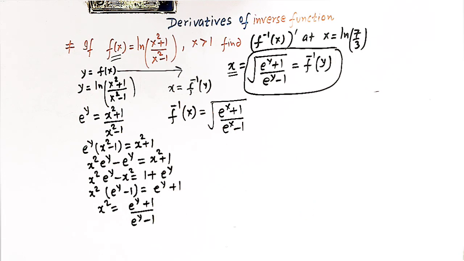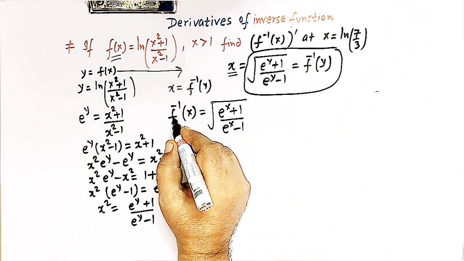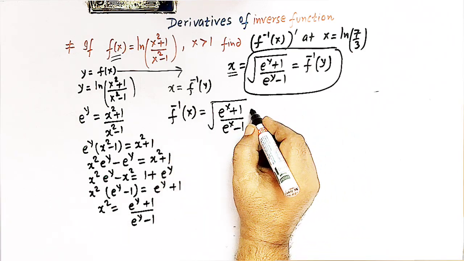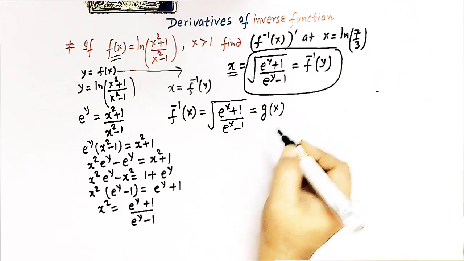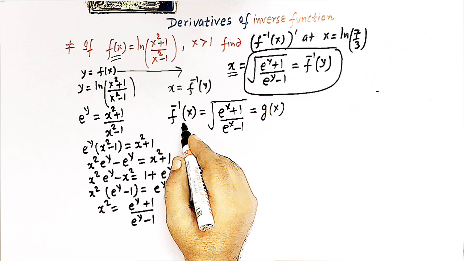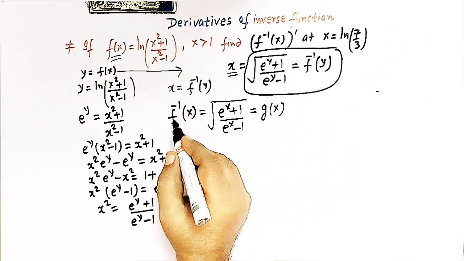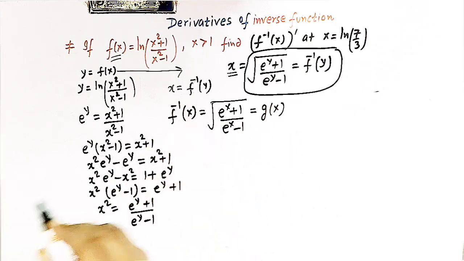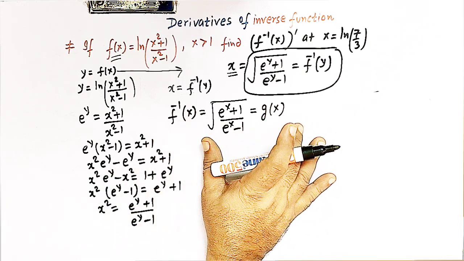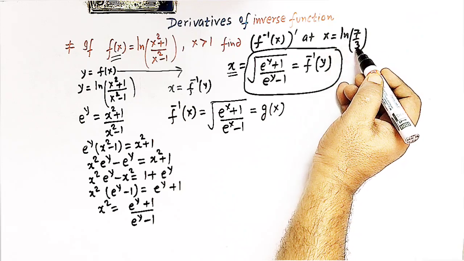So now let us call the inverse of f, that is f inverse of x, the function say g of x, right? So for simplicity or for the simple notation, we can now write g of x as f inverse of x, right? Okay, so now here we are given x is equal to natural log of 7 over 3.